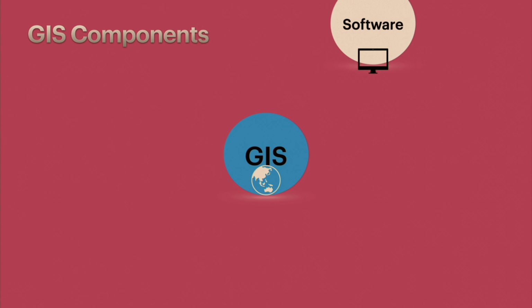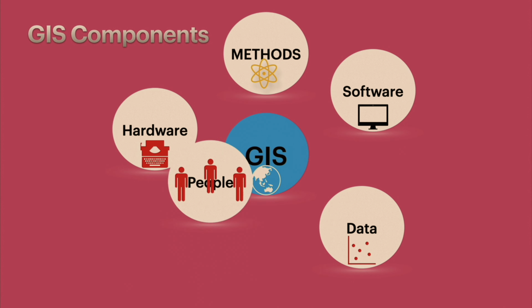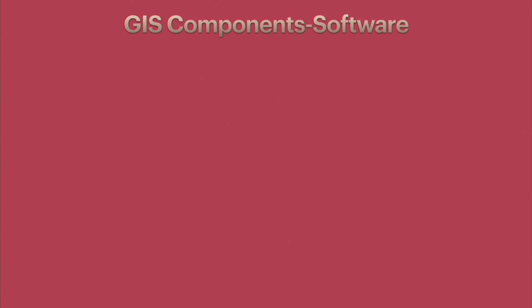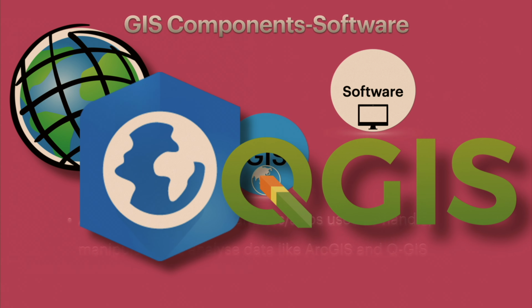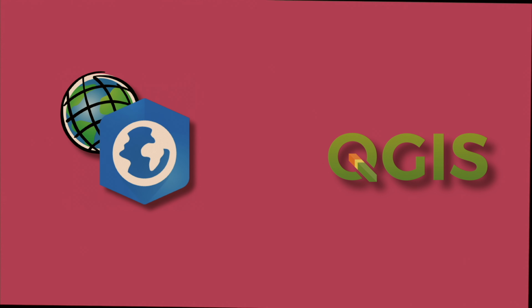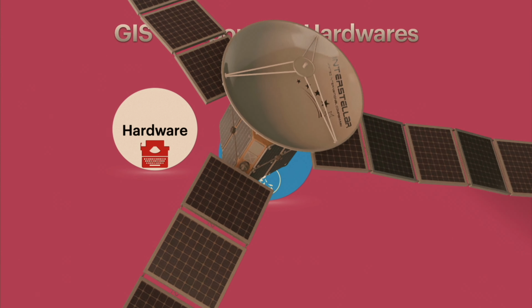Components of GIS. GIS consists of software, hardware, data, methods, and people using it. Software is all the computer programs and apps used to handle, manipulate, and analyze data, like ArcGIS and QGIS. Hardware ranges from computer systems to satellites used to capture the GIS data.